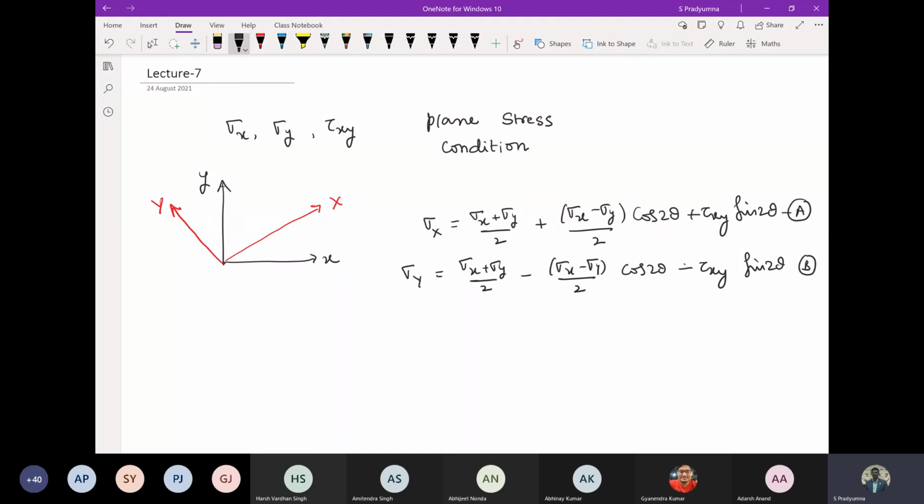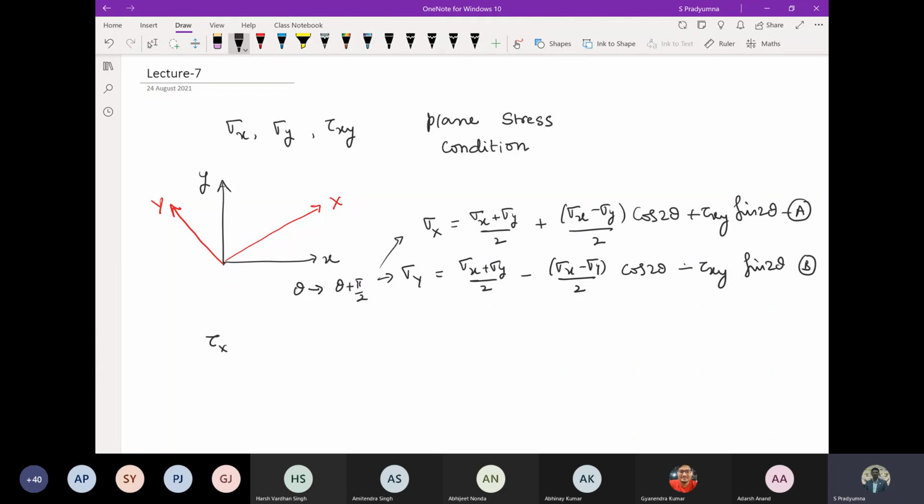This was our equation B. This can also be obtained by replacing theta by theta plus pi by 2 in this equation. So then we get this equation for sigma y.